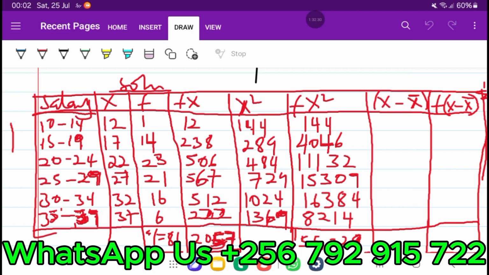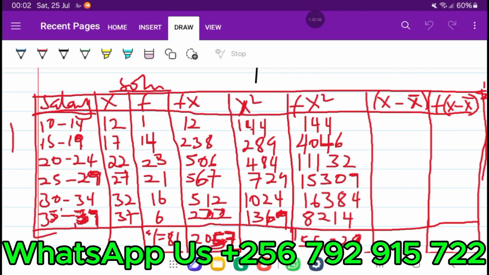It is very important for you to understand this, because they can throw 1 mark. If they have given it to you, you can even use the assumed mean so that you can expedite all the formulas that we have talked about.